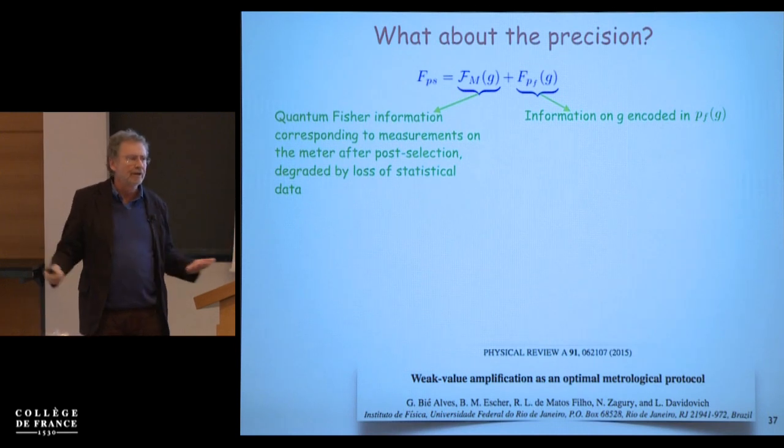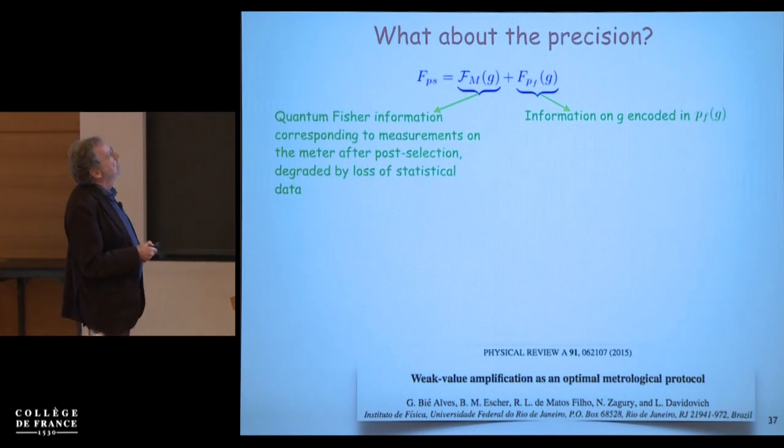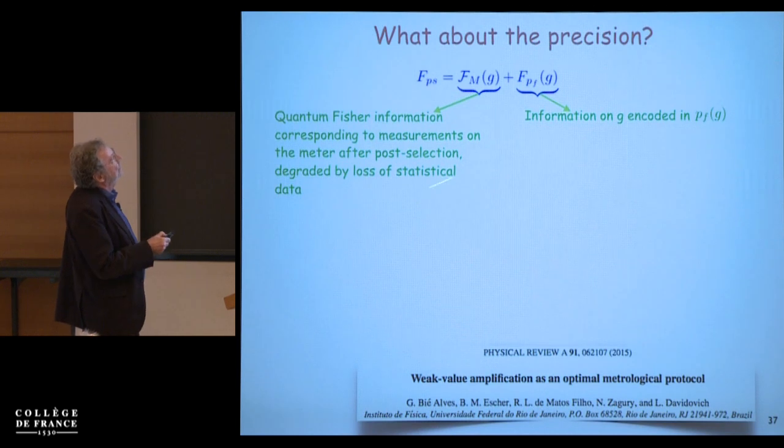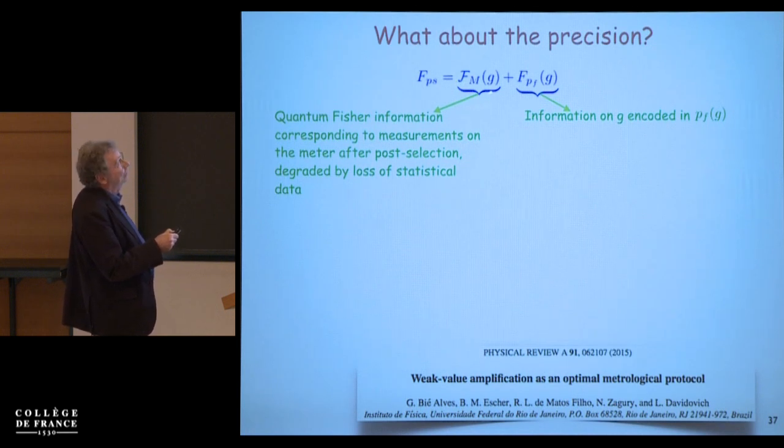Because we have done that in very general terms. So these are the two expressions. I have now slightly changed the notation. Now the post-selected Fisher information is given by the sum of two terms. One is the quantum Fisher information associated with the meter, which I can actually calculate, at least in a perturbation way.